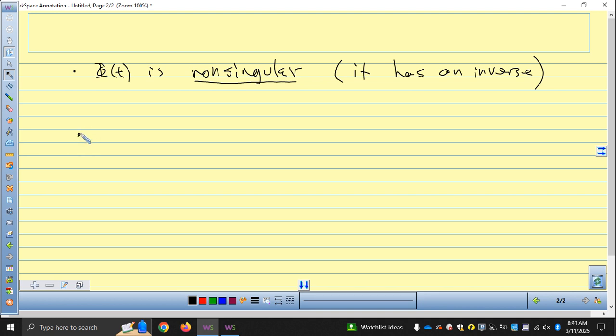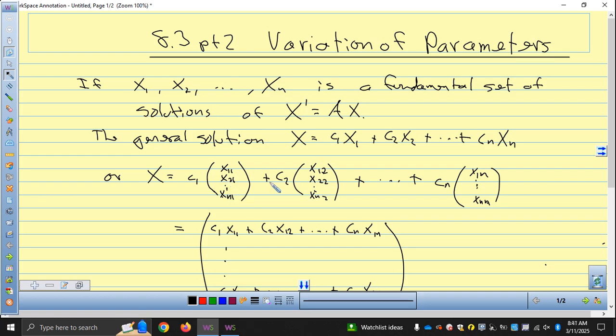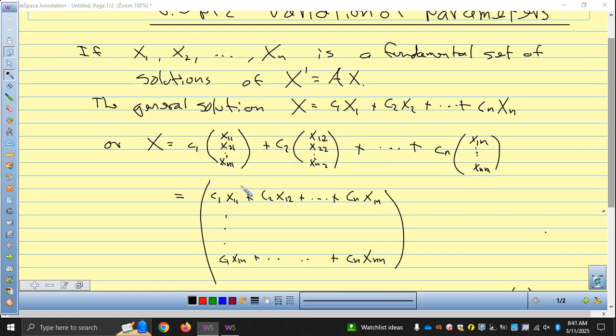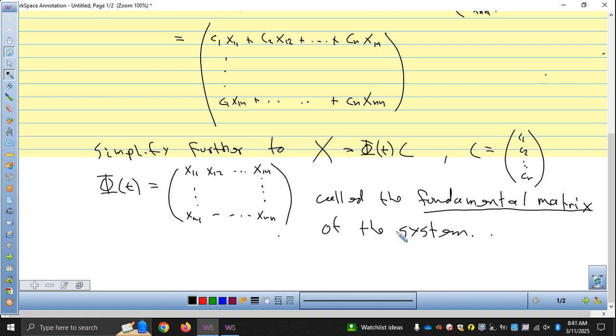And the second important fact is that phi prime of t is A times phi of t. Because phi is made up of all of these solutions to our equation. So we take the derivative of this matrix, we just get the derivatives of all of these solutions.